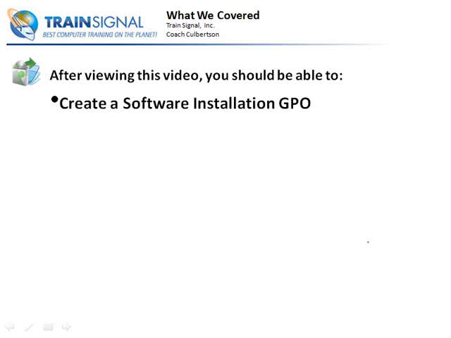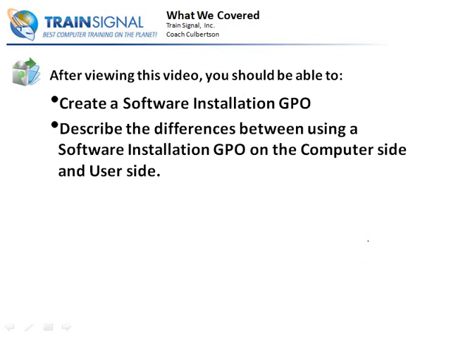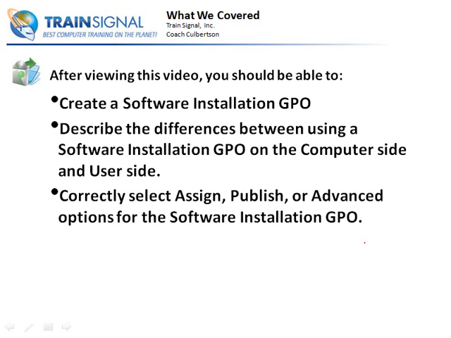So after this video, you should be able to create a software installation GPO. You should be able to describe the differences between using a software installation GPO on the computer side and on the user side. You should be able to correctly assign or publish, or use some advanced options for the software installation GPO.